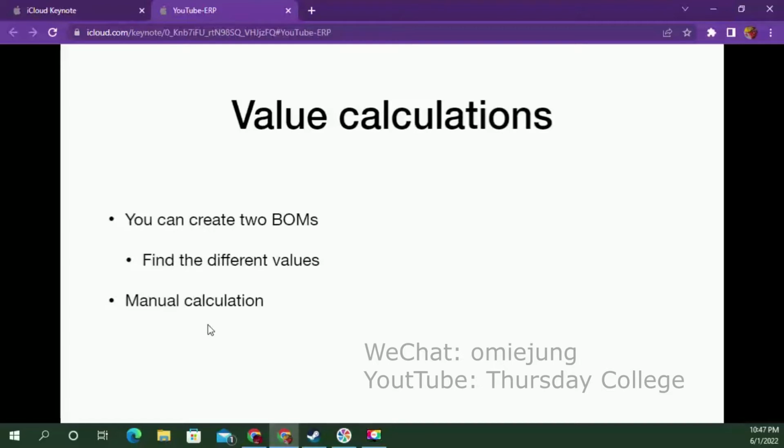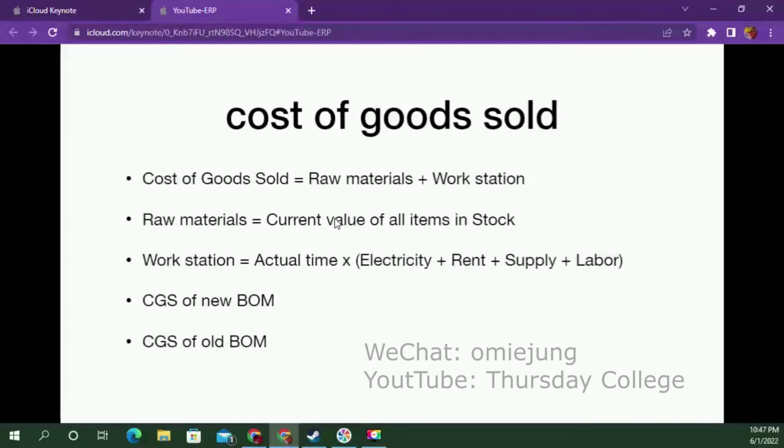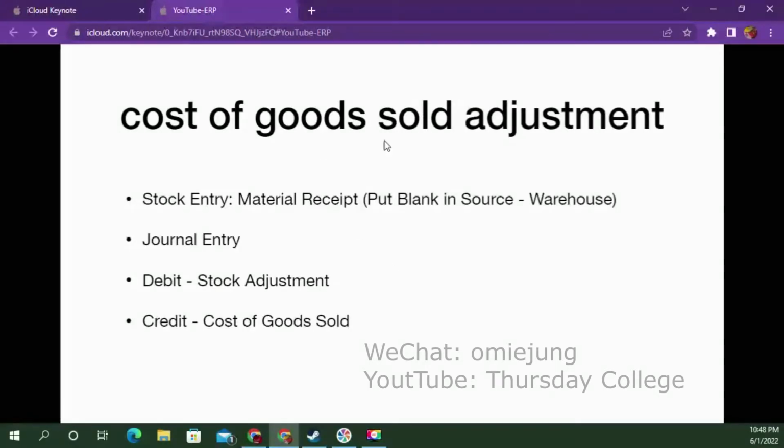So the value of 2 items is the value you need to adjust. And this is the cost of goods sold. For cost of goods sold, you need the raw material and then the workstation overhead, something like this. I will explain it later when we come back to this slide. And then the adjustment, debit and credit. Okay, we will come back later.